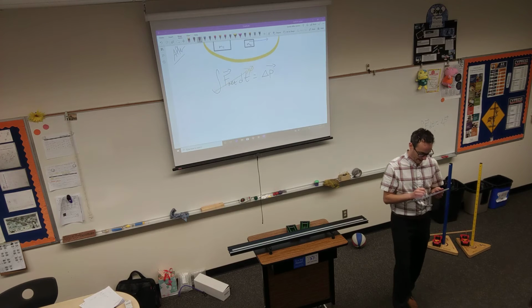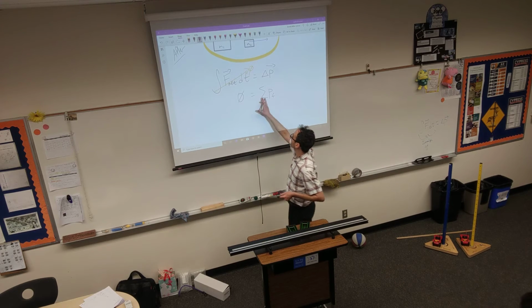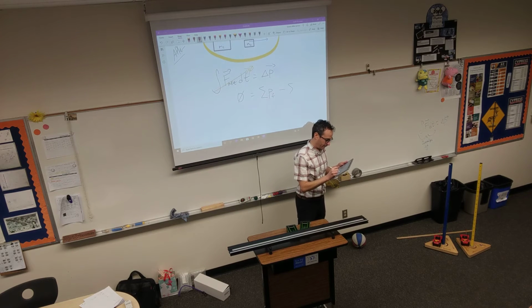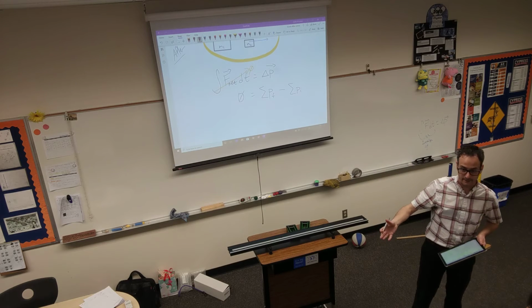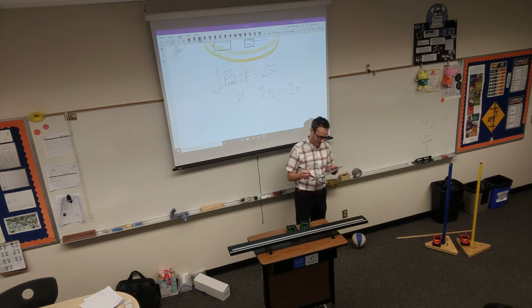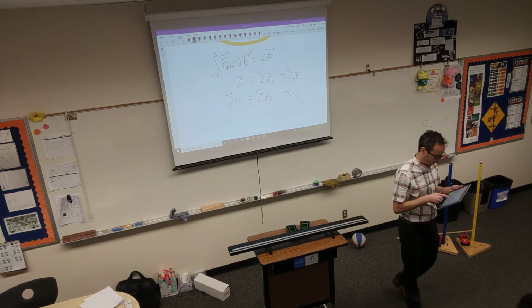This is the sum of the final momentum, the total momentum of object 1 and object 2, minus the sum of the initial momentum, the total momentum of object 1 and object 2 at the beginning. Then you add that to the other side, get rid of the negative, and the sum of the initial momentums equals the sum of the final momentums. Lo and behold, you showed up at conservation of momentum.